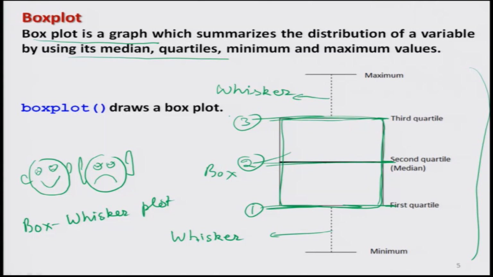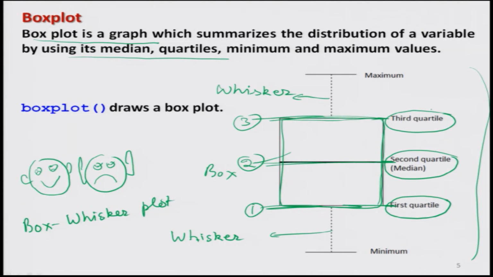These three lines, that is the first and third line, as the sides of the box, and line number 2 in the box, they are trying to indicate the quartiles. For example, line number 1 is indicating the value of the first quartile. Line number 2, that is inside the box, is indicating the second quartile, the value of the median. And line number 3 is indicating the third quartile, that is the value of the third quartile from a data set.